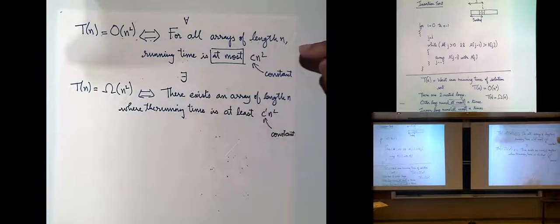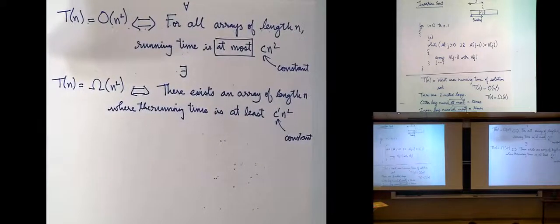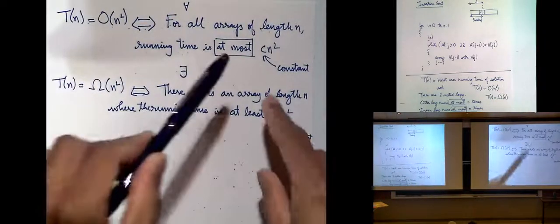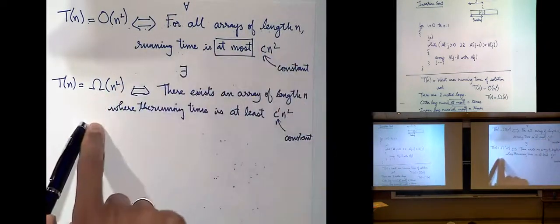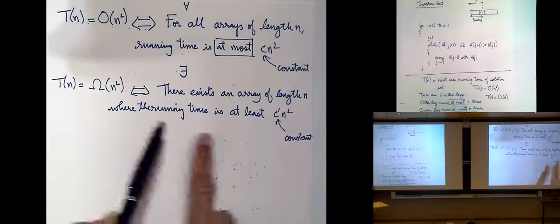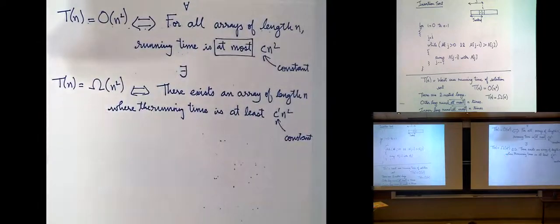C and C prime are just constants. But this is important. There's a deep semantic difference between saying O and omega. O means that for all inputs it's running at most n squared. Omega means there exists an input where it runs at least n squared. So you can't mix them up. Omega n squared does not mean for all arrays of length n it runs for at least n squared.